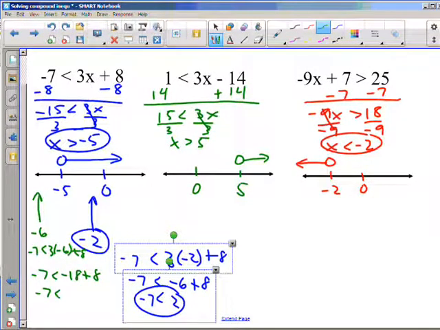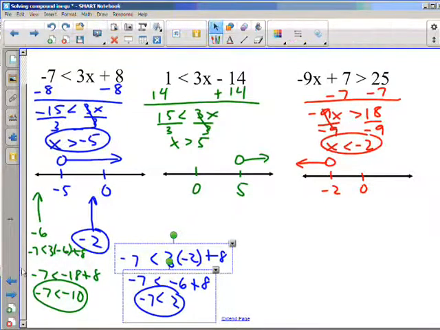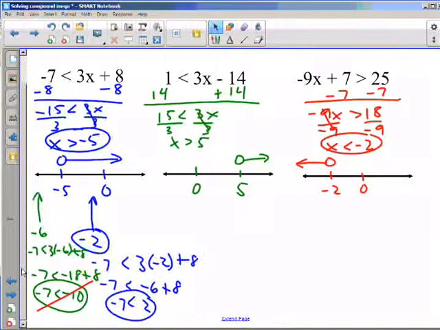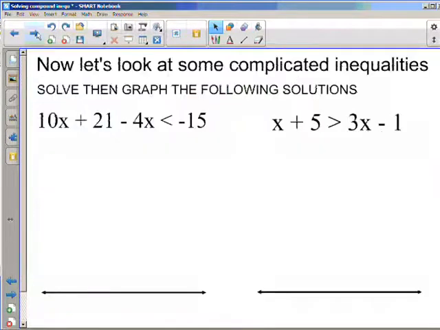Negative 7 is less than negative 10. That is not true. So verifying one answer as correct is good. Verifying that an answer that shouldn't work is also good. All right, you can do that with these just to make sure.